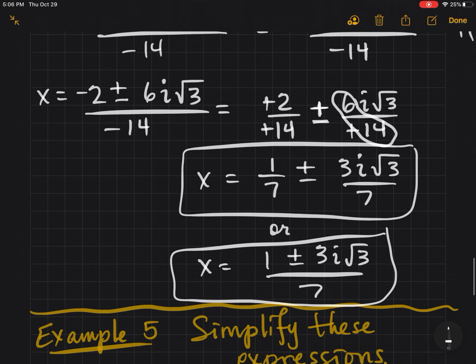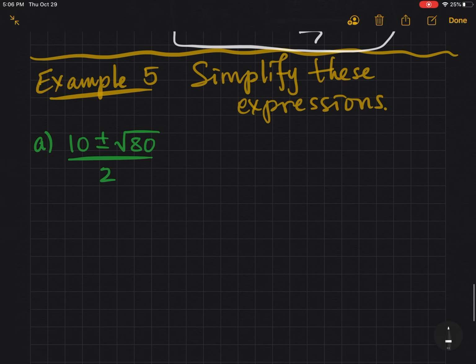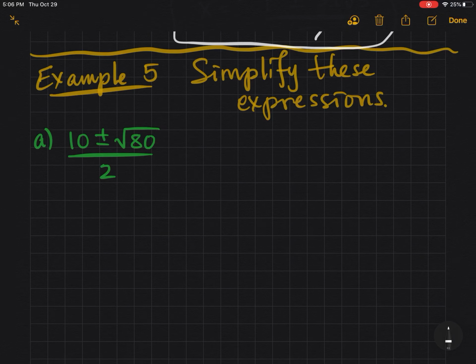Alrighty, example last. Since, in my opinion, the hardest part of quadratic formula is the simplifying, let's just practice simplifying a few expressions that could result. So, first of all, the square root of 80. Let's see, 4, 9, 16.